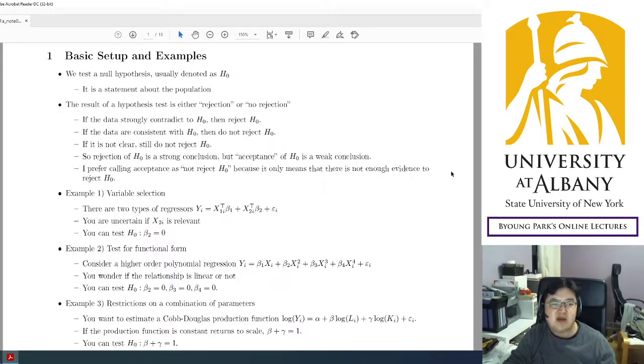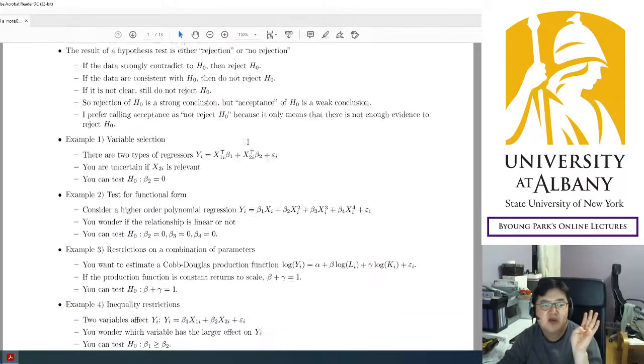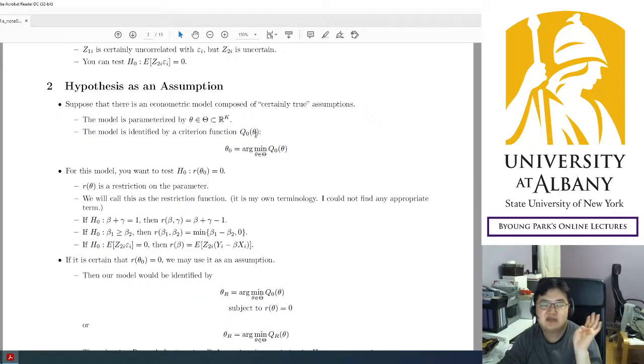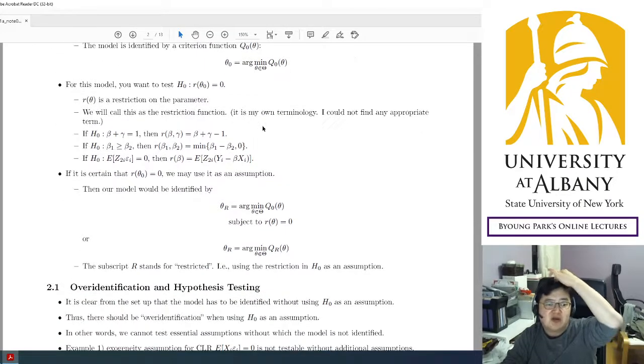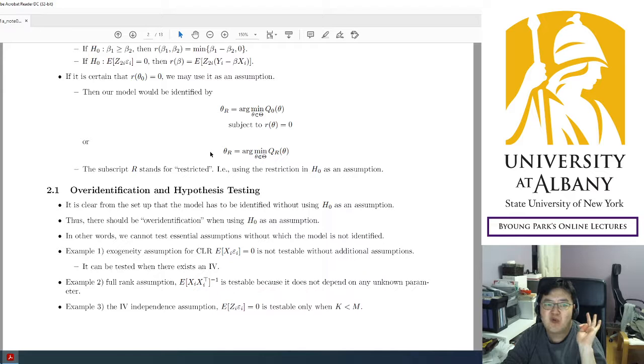So I explained them. So let me summarize again. We consider hypothesis testing is what we are doing, but you may understand hypothesis as another assumption. For a hypothesis to be testable, your model must be identified without the hypothesis.